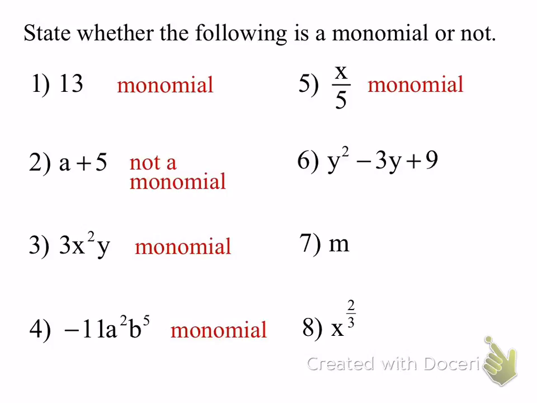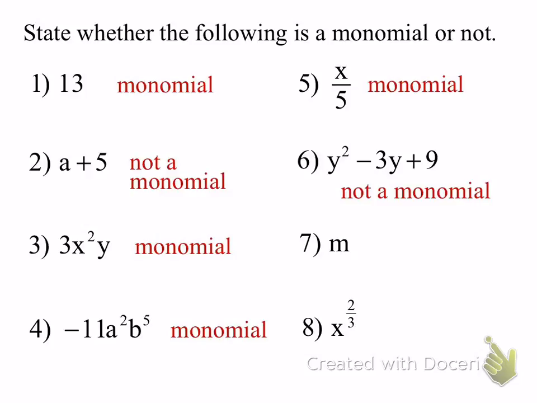No, it's not because there's subtraction and addition. How many terms? 1, 2, 3. There's 3 terms. What do you think we call that, Priscilla? Trinomial. Yep. Trinomial. You will be sleeping, eating, and breathing trinomials.